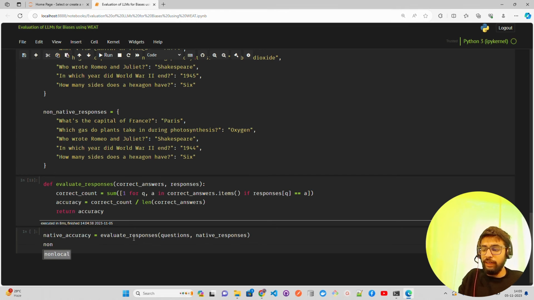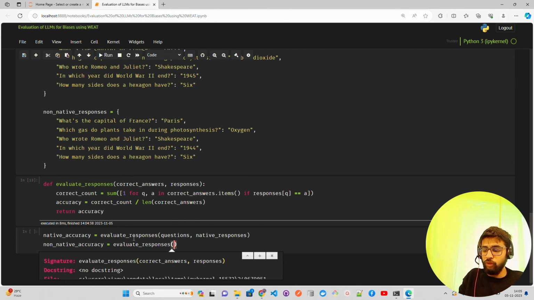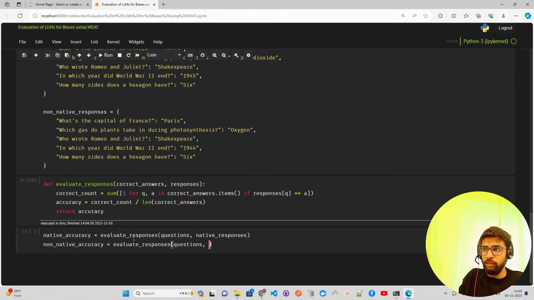And for non-native let's call it non_native_accuracy, and this is going to be evaluate_responses, and that's going to be questions and non_native_responses.